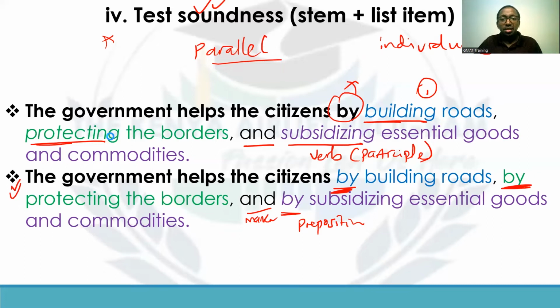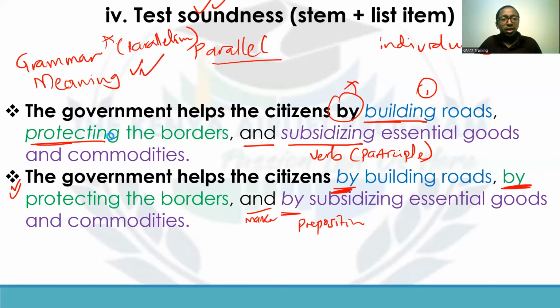But of course in GMAT, remember we look at grammar. In this case, we are looking at parallelism. Then we look at meaning. In this case, it's okay. Then finally, we look at conciseness. Comparing the first sentence and the second one, when looking at conciseness, you'll find that the second one is very repetitive: by building, by protecting, and by subsidizing.